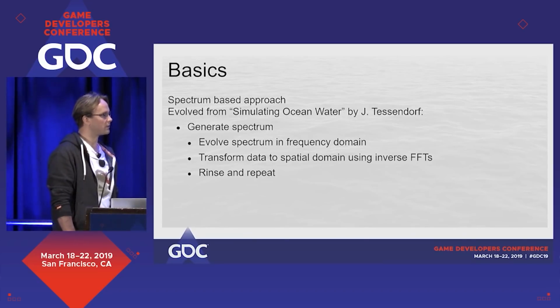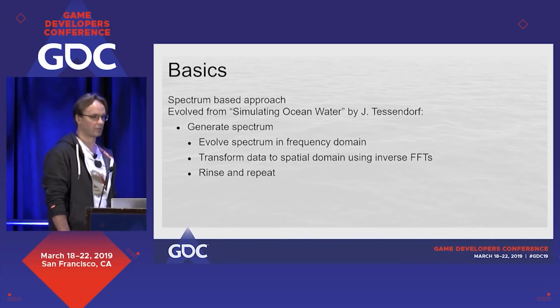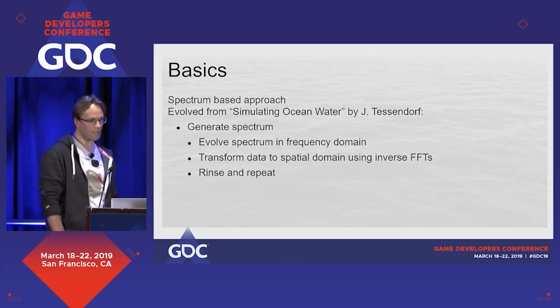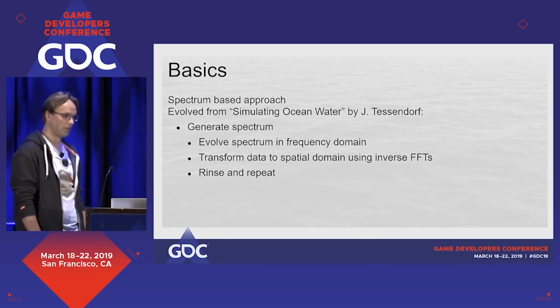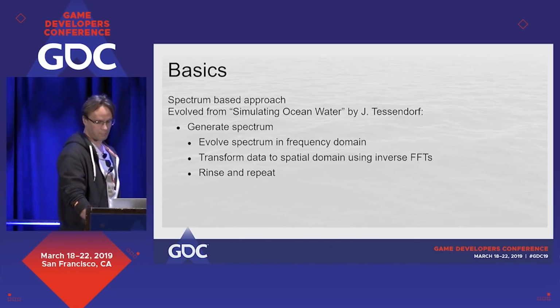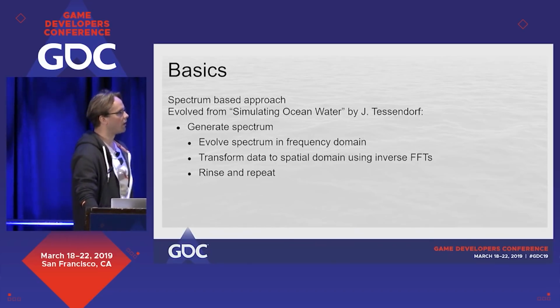And essentially what you do there is you generate the wind wave spectrum, you evolve it in a frequency space, and you transform the data to the spatial domain using reverse FFT steps. Then you just rinse and repeat. For any moment in time, you can just calculate the sea state in frequency space and convert it to the spatial domain.